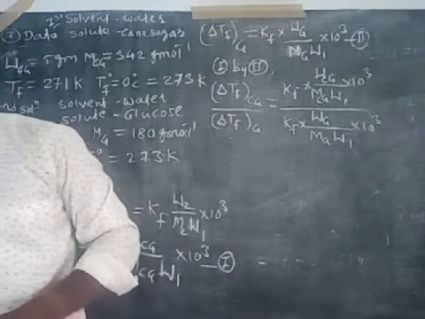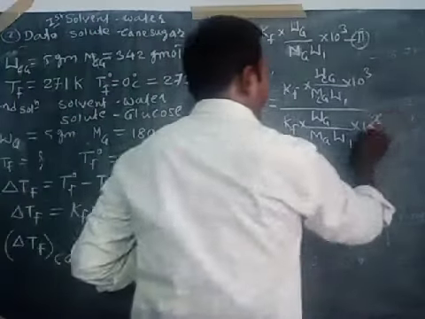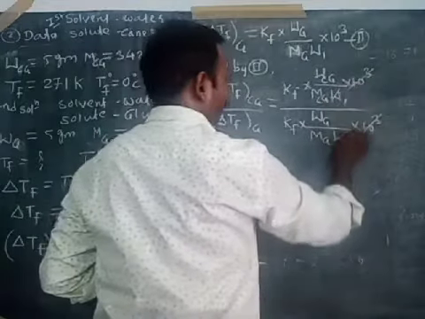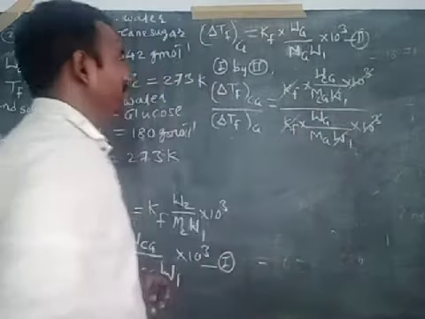Here the common terms will be cancelled. 10 raised to 3 will be cancelled, W1 will be cancelled, KF will be cancelled.